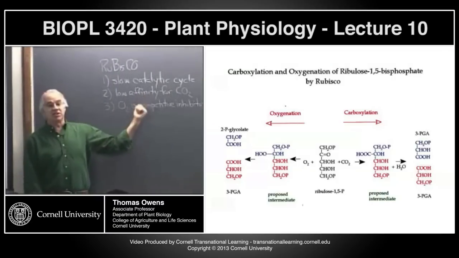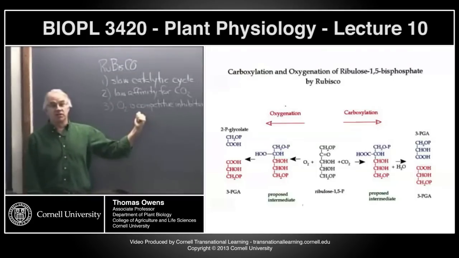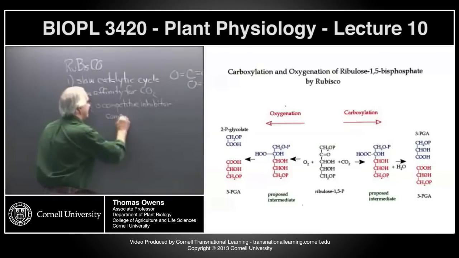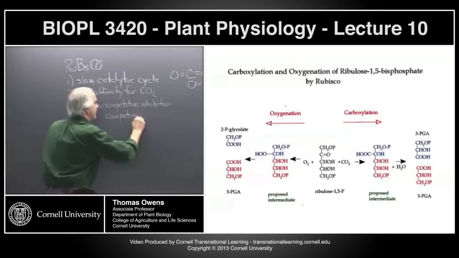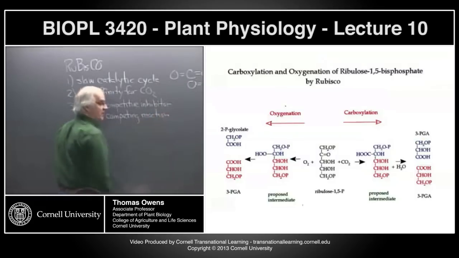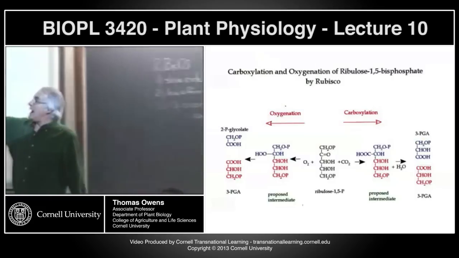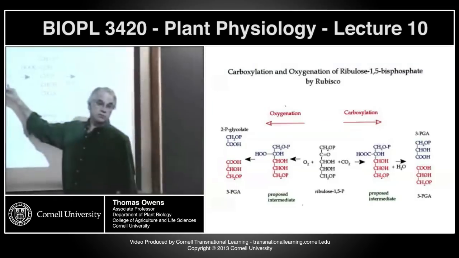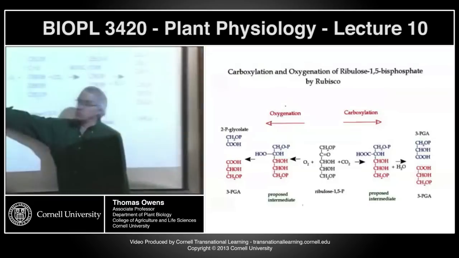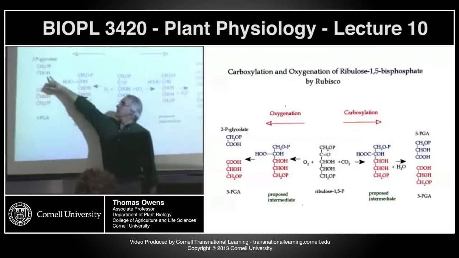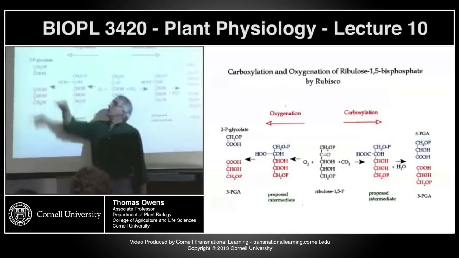But it's not just that oxygen is a competitive inhibitor. It actually goes through a chemical reaction. So there's a competing reaction, the oxygenation reaction, in which oxygen is added into RuBP rather than CO2, which produces 1 molecule of PGA, the normal 3-carbon product, but it also produces 1 molecule of phosphoglycolate.